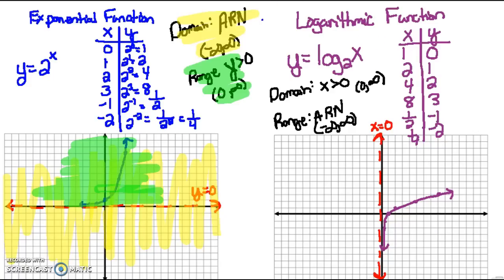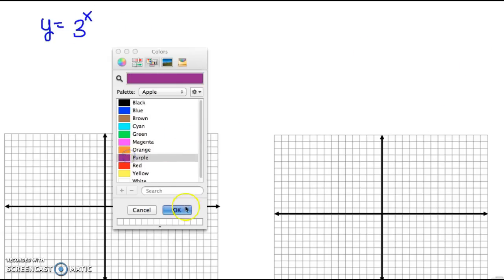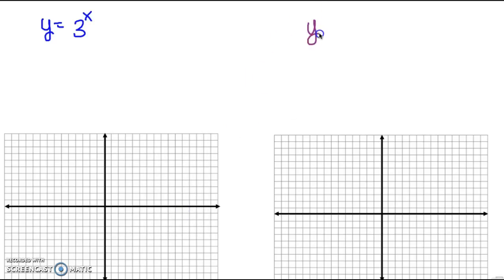I've got 5 minutes, so I'm going to try to squeeze one more in. You have a whole sheet of graph paper, you can use the back of the sheet right now. If we have y equals, let's just do 3 to the x, which is going to give me an inverse log function of y equals the log base 3 of x.